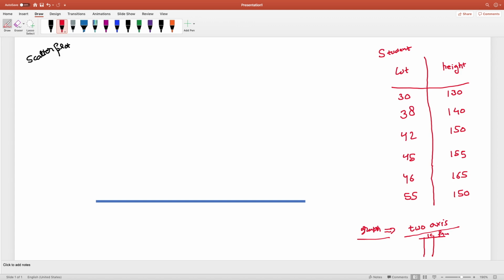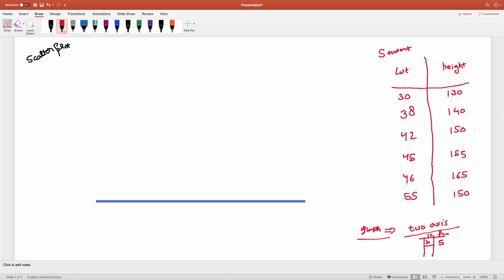Like how many people have a weight from 30 to 40 kgs, and we say there are 5 people. This 5 is nothing but the frequency, or the number of students. So that was only one column of data.